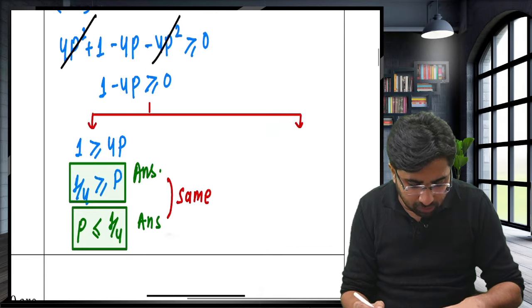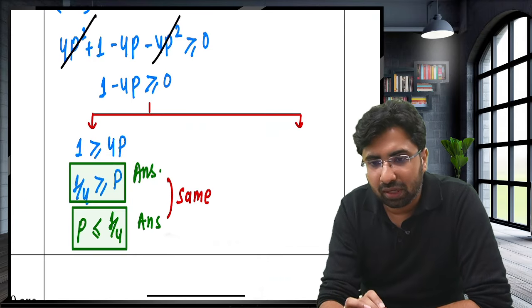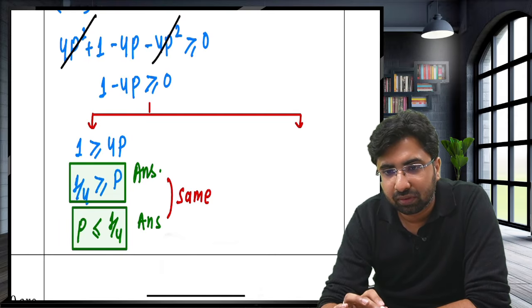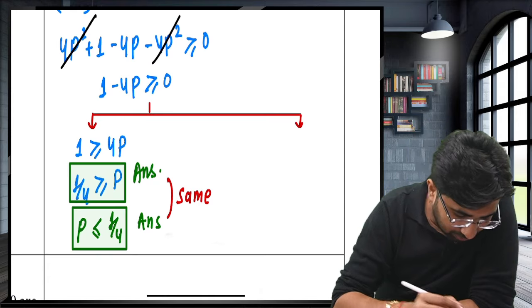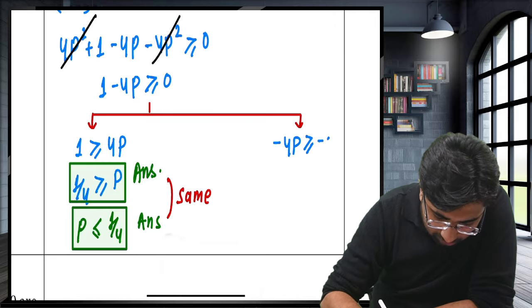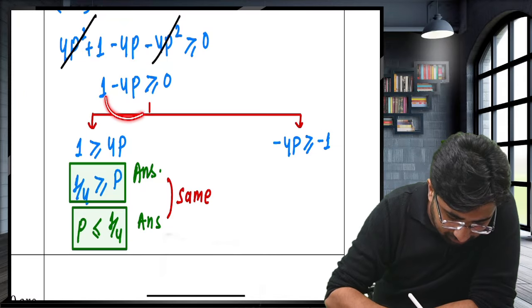But one student may also think like this. Aman sir, minus 4p greater than or equal to minus 1. One student can take 1 over here.